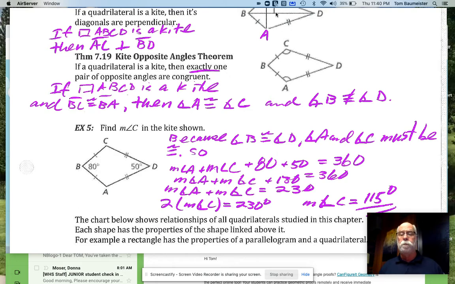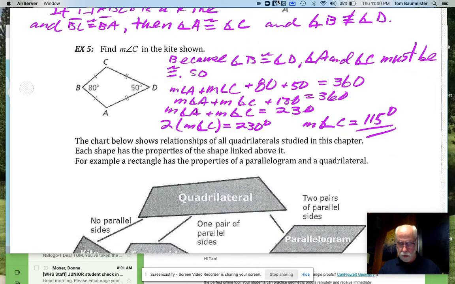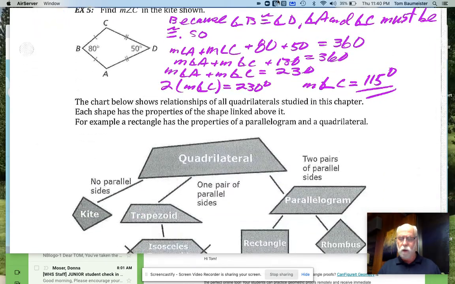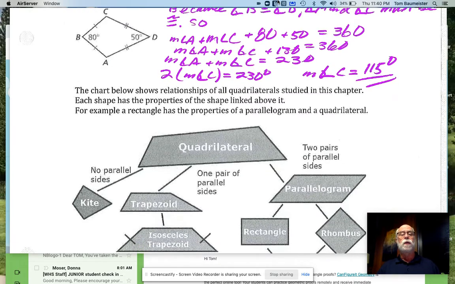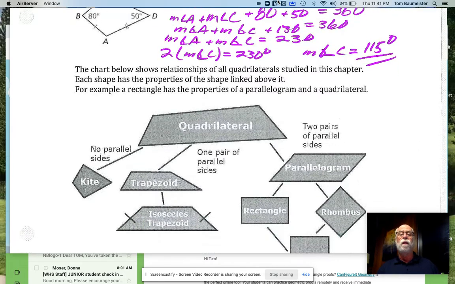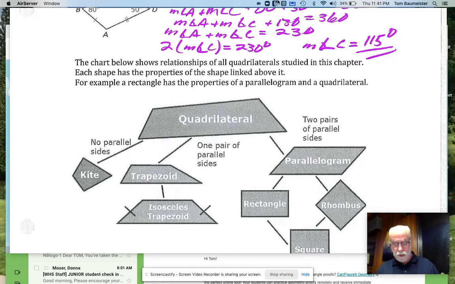All right, so the chart shown below shows all of the quadrilaterals studied in this chapter. Each shape has the properties of the shape linked above it.